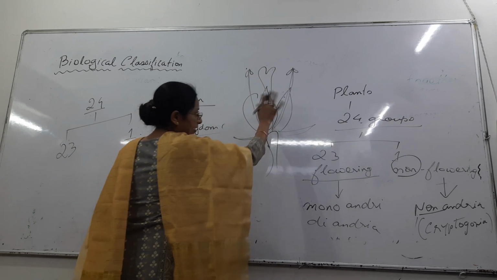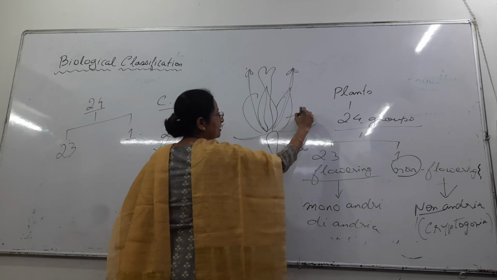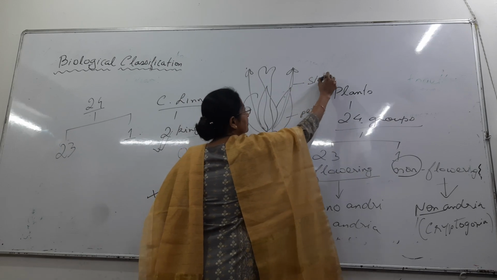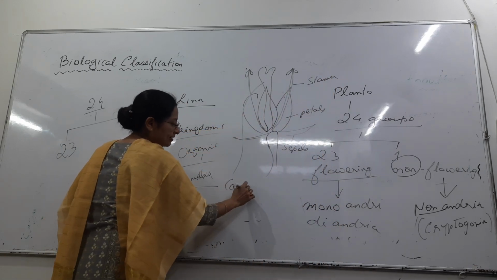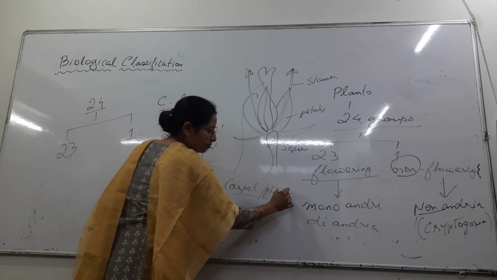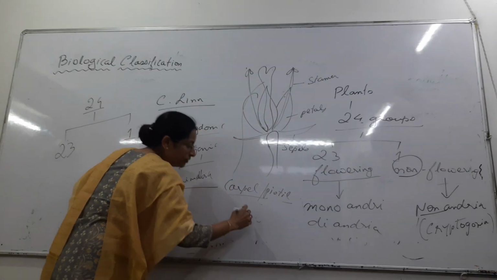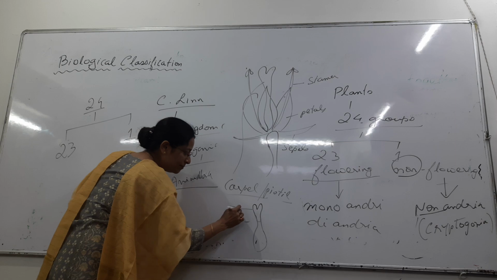If you are talking about this as a flower, this is the sepals, this is the petals, this one would be called a stamen and this one would be called a carpel or pistil. The carpel has how many parts?